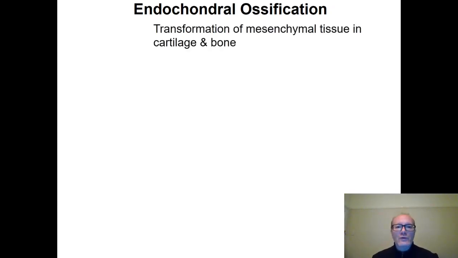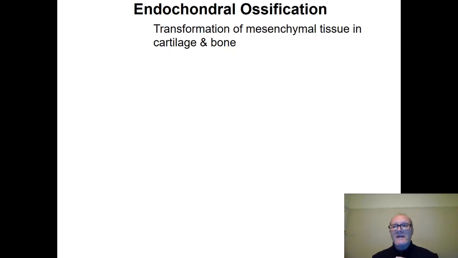So I'd like to talk to you about endochondral ossification. Endochondral ossification is responsible for the formation of most of the bones of your body, apart from the skull and some other bones. It is the transformation of mesenchymal tissue into cartilage, and then this cartilage will become bone.